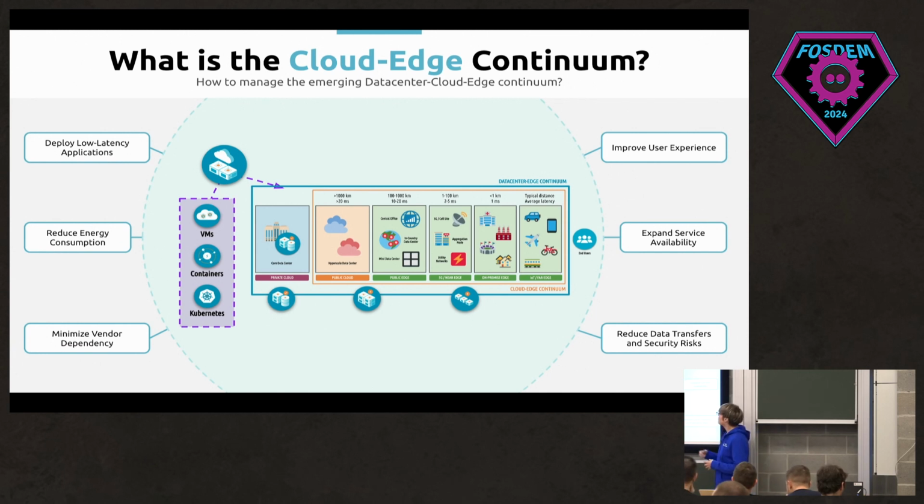Then we can improve the user experience using the Cloud-Edge Continuum for our applications. Since it's related to the first point, since we are deploying our application near to the user, the experience and the latency is going to be low. We can also expand the serviceability.